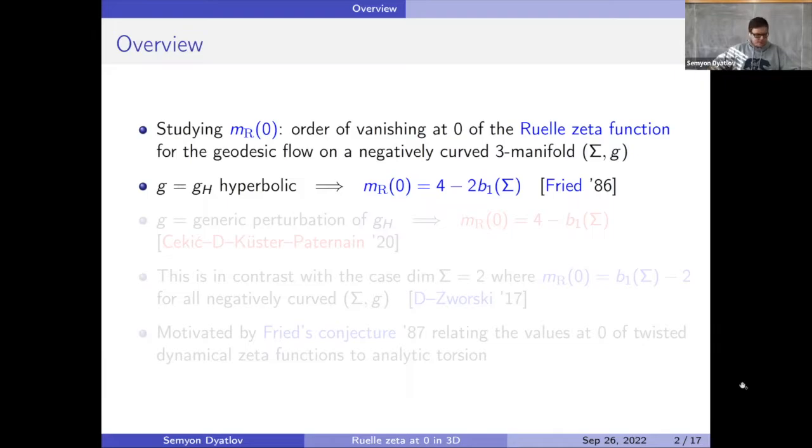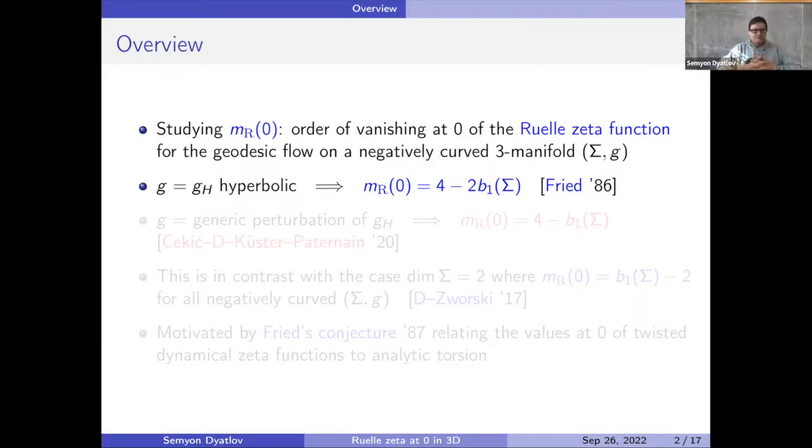Well, there is a long history of study of this, which I'll also explain later, but generally we think that the zeta function value at 0, or the order of vanishing at 0, so the singularity at 0, has to do something with the topology of the underlying manifold, which is pretty cool, that you have this dynamical quantity, and then from there, you can see a relation to a topological quantity.